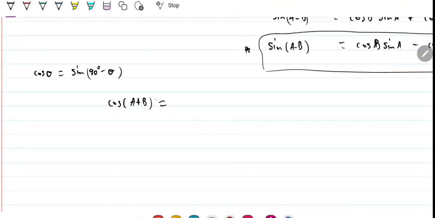So if you think about this a plus b as being one big theta, cos of a plus b would be equal to the sine of 90 degrees minus that one big theta, which is a plus b. Right? And this whole thing is the argument here.